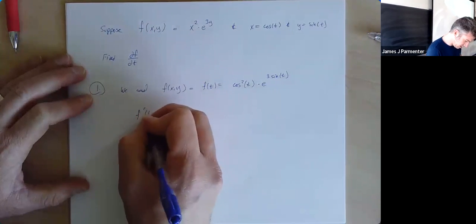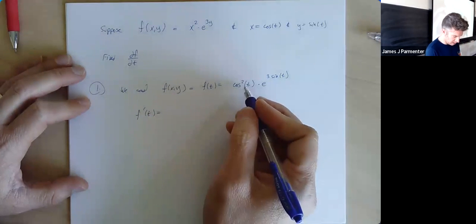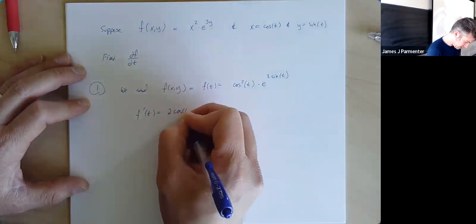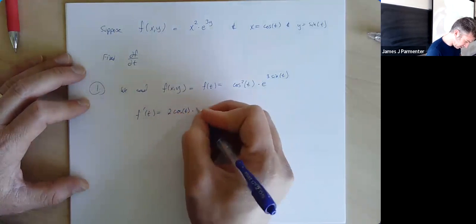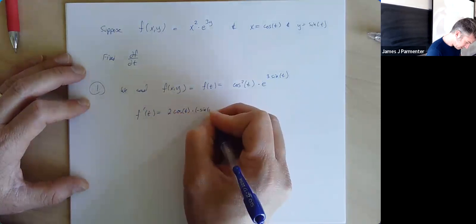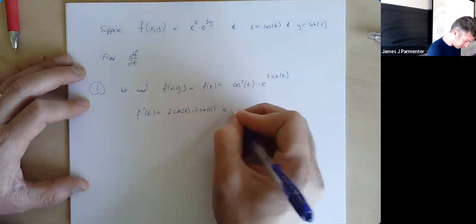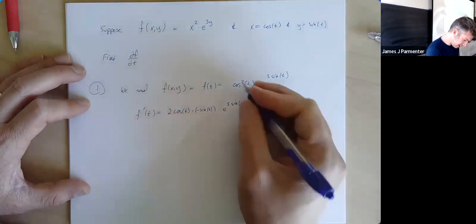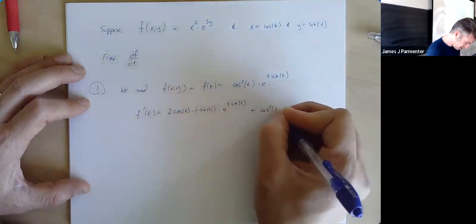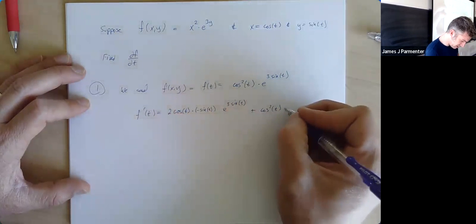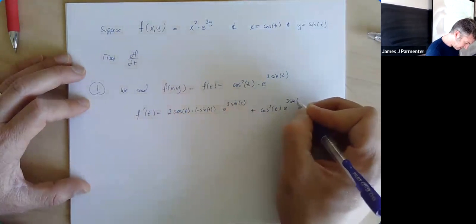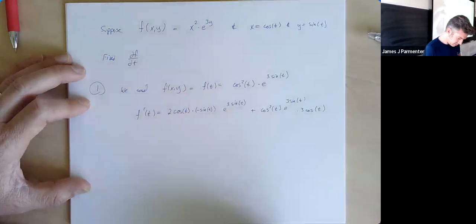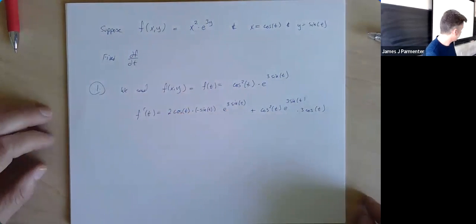The derivative of cosine squared is 2 times our stuff times the derivative of our stuff, which is negative sine, times the other piece, because I'm using the product rule. Plus cosine squared times the derivative of e to the stuff, which is e to the stuff times the derivative of that stuff, which is 3 times cosine of t. I don't really want to simplify it, so I'm just going to leave it like that.